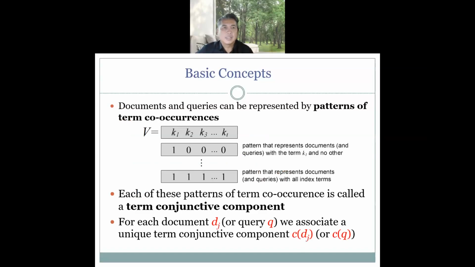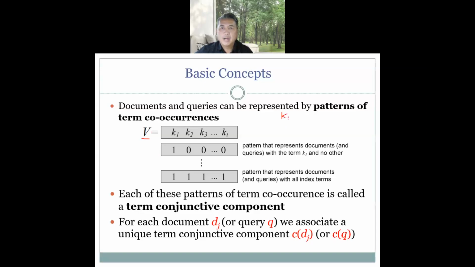Okay, since we are looking at the occurrence of the word, we can use the binary representation to indicate the occurrence of a certain word. So, for example, if we have vocabulary up to T, then we can use the binary representation in order to indicate the occurrence of the keyword in the document. Let me give you one example.